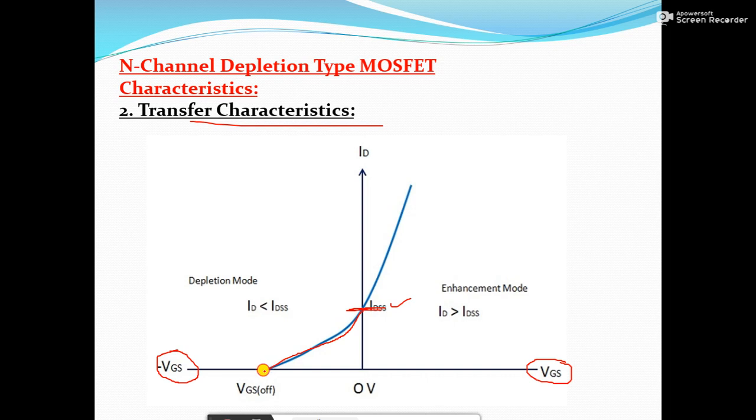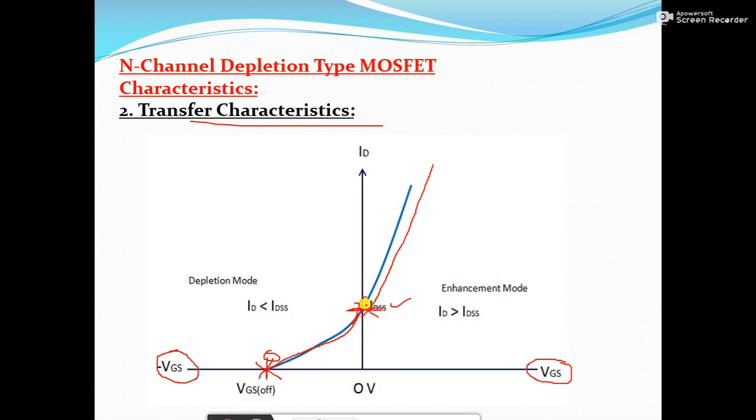Whenever VGS value is equal to VGS off, the channel will get completely depleted from the free charge carriers, or the channel conductivity becomes 0 and ID current will be 0 here. Let's say whenever plus VGS value is applied, means if the gate is made positive with respect to source, now the channel conductivity starts increasing, and you can get the current value more than IDSS. You will get a curve like this.